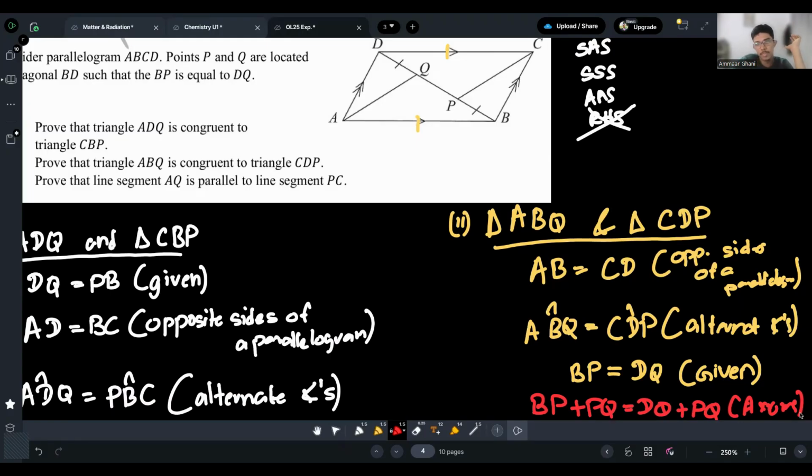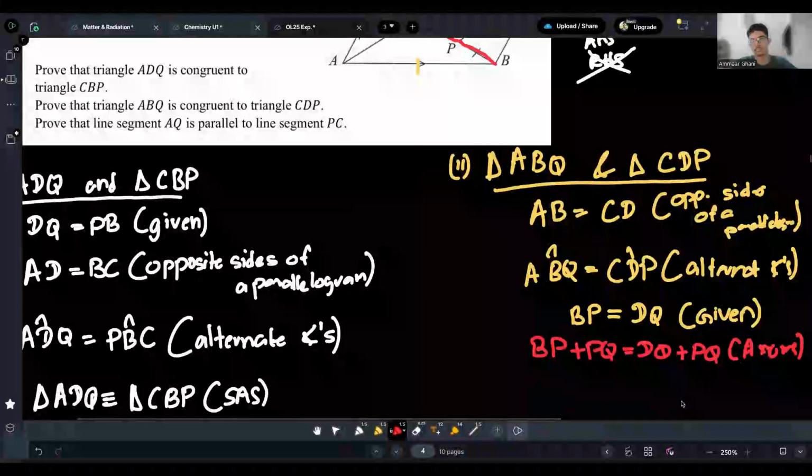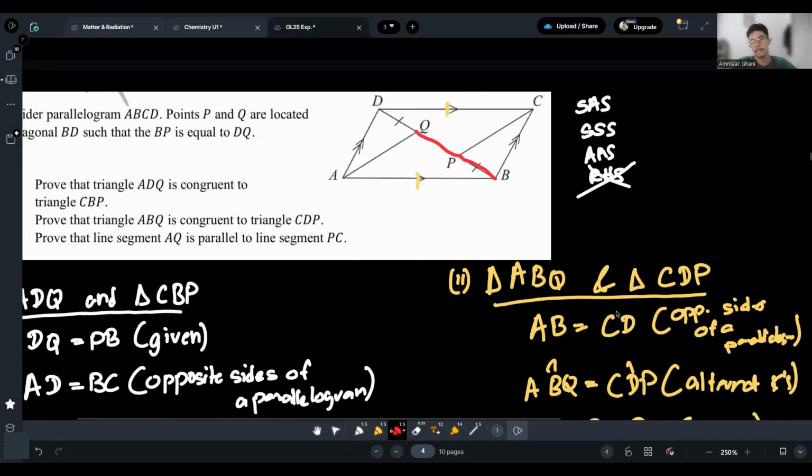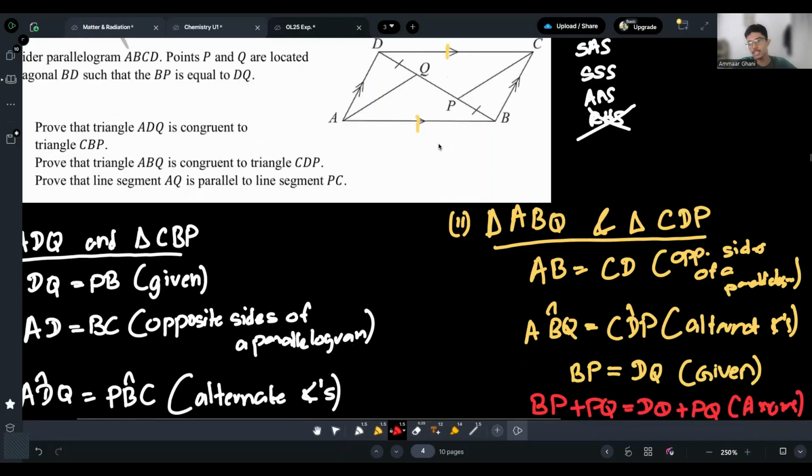So what's DP plus PQ? This is DP, this is PQ. What is DP plus PQ? It is DQ. Okay, so it's DQ. Next, it's telling DQ plus PQ. What's that side?